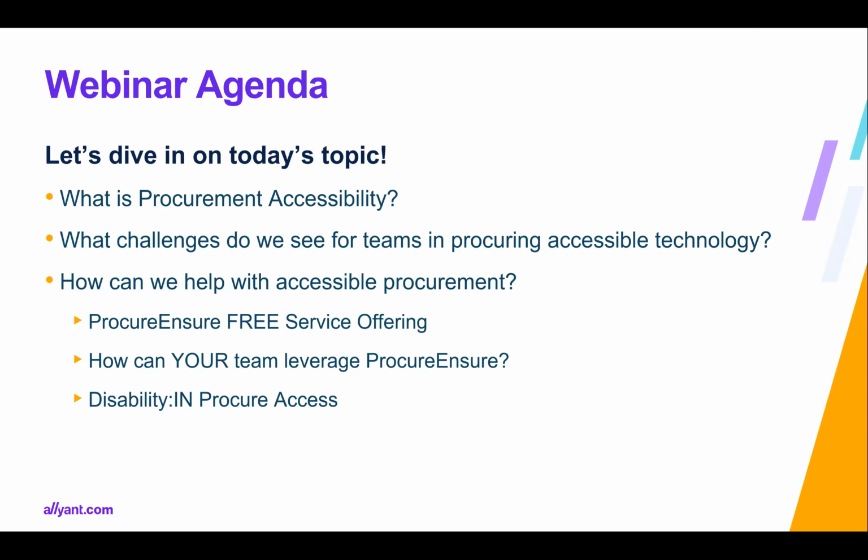Obviously, we'll pull on Aaron's background a lot because he lived this as a full role, as he alluded to in his introduction. And on the back end of the webinar, we'll dive into a new free service offering that we have called ProcureEnsure. That's going to be a big topic of conversation, because we believe we have built something, a free service from Allyant, that can really help solve some of these challenges that we're seeing in procurement accessibility.